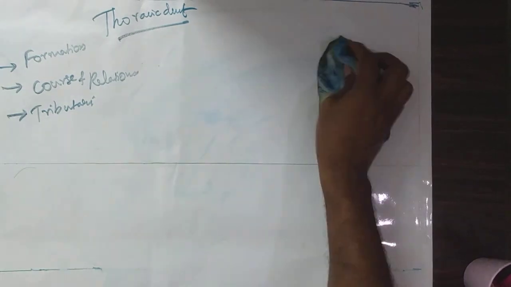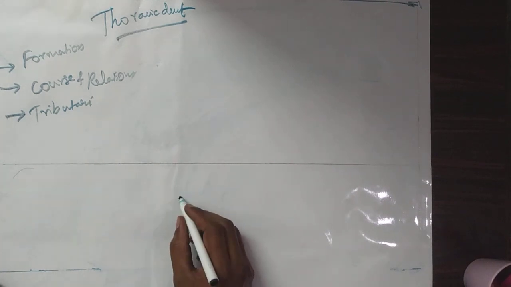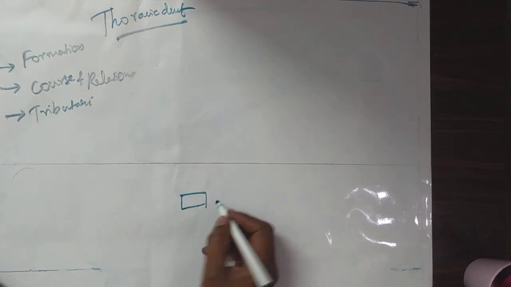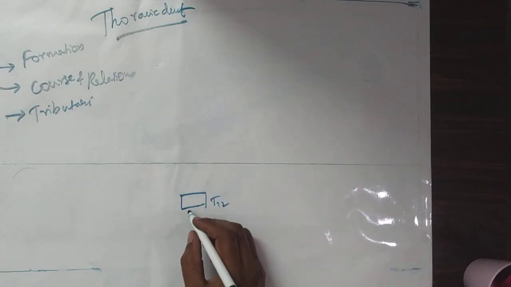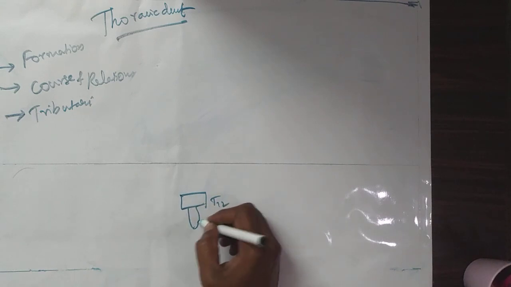For the course, relations and formation, we will be seeing in the diagrammatic way. So how is the appearance of this thoracic duct? It will be somewhat beaded in appearance. It will be starting, as I said, at the level of T12, that is your 12th thoracic vertebra. Here we have a structure called cisterna chyli.